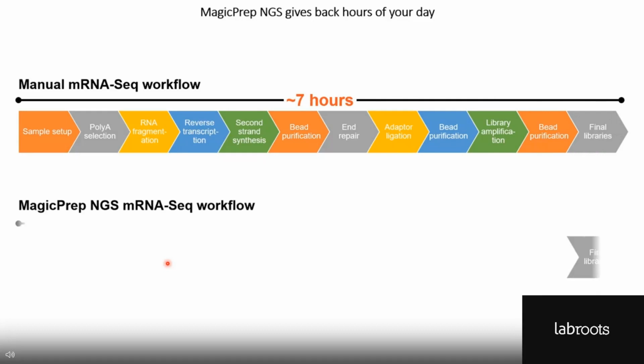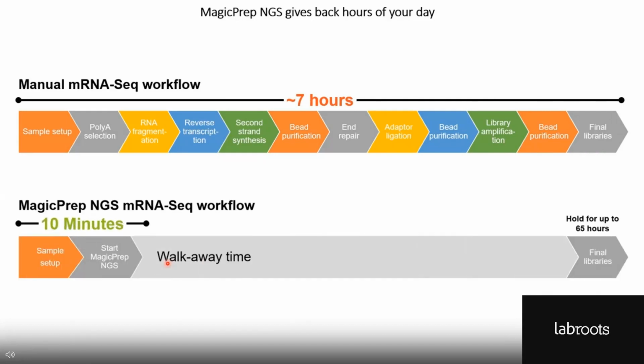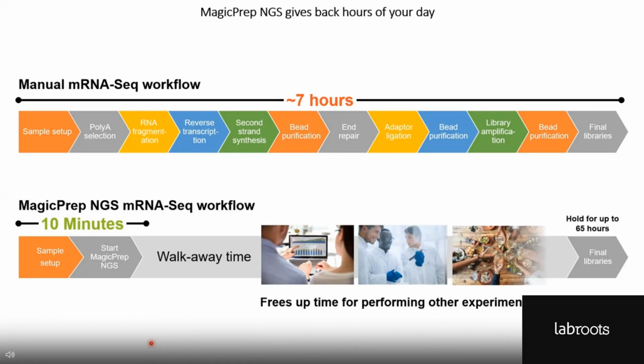It takes you about 7 hours, while in the MAGIC NGS mRNA-seq workflow, your sample prep time is only 10 minutes, and then you just walk away, and the libraries are made essentially after 10 hours. But if you feel like doing something else with your life, you can potentially hold your samples up to 65 hours within the machine, and nothing goes awry with the libraries. It frees up time for doing other things as well.